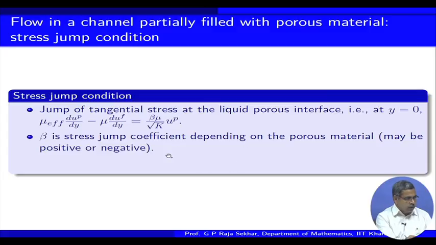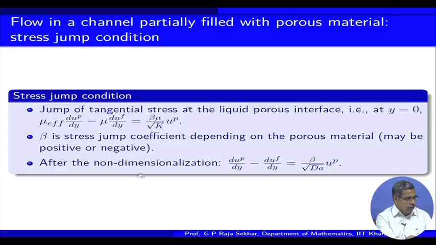Before we go to more details, let us see how this stress jump coefficient plays a role. If you non-dimensionalize, again we are repeatedly assuming mu effective equals mu. Otherwise, I will talk a little while later. So this is a non-dimensionalized stress jump condition. Naturally, if beta equals 0, we retain the continuity of the stresses.